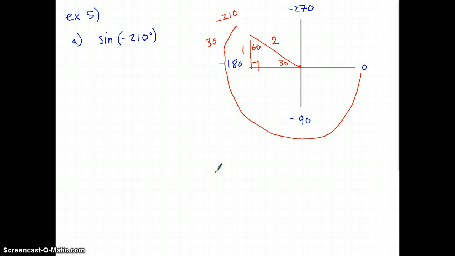If I were to use the Pythagorean theorem, I would end up with the square root of 3 for this side, but this is a negative root 3 because we're in the second quadrant, and we have negative x values in the second quadrant. Now we have the sine of negative 210, which corresponds to y over r, and we have 1 over 2 there.